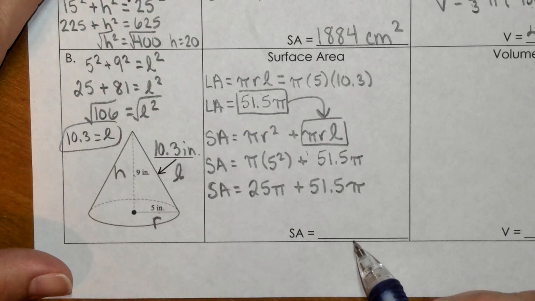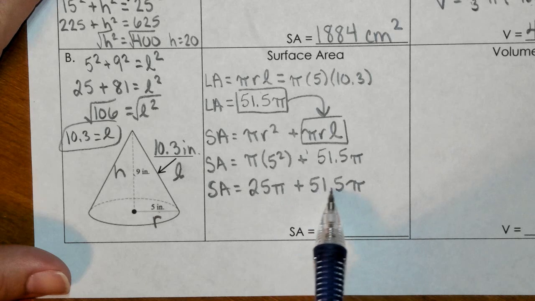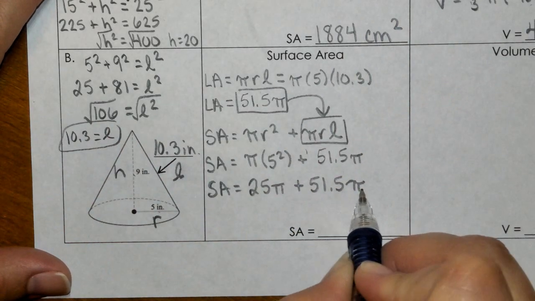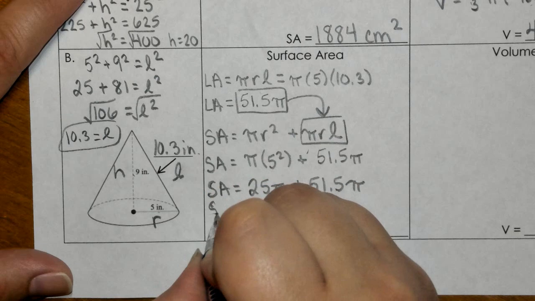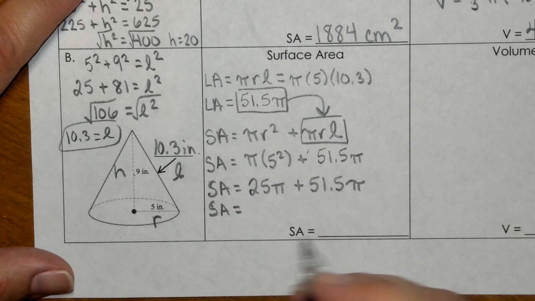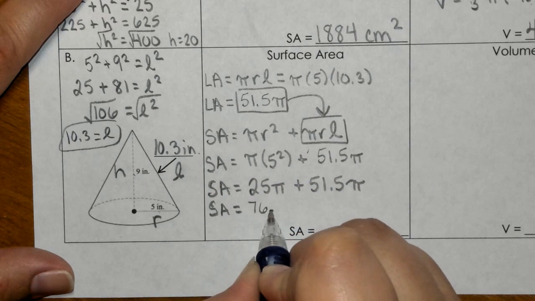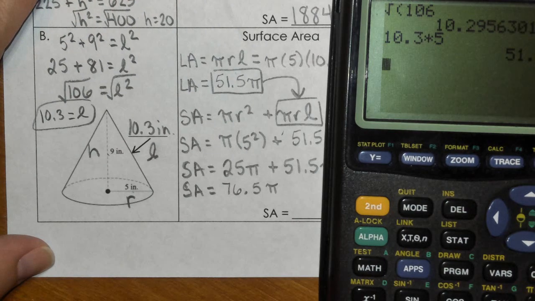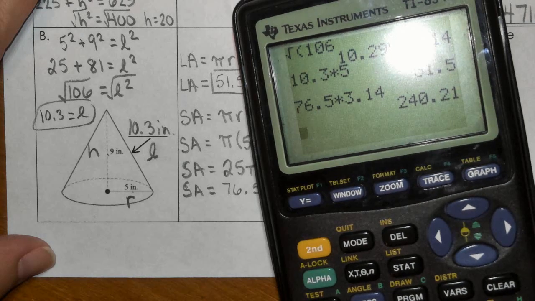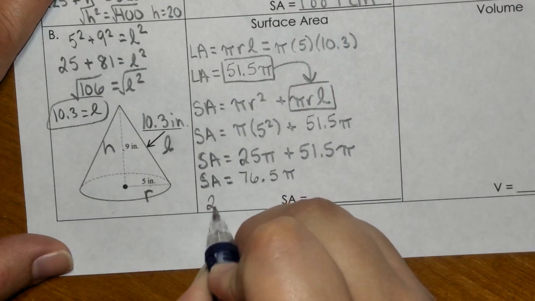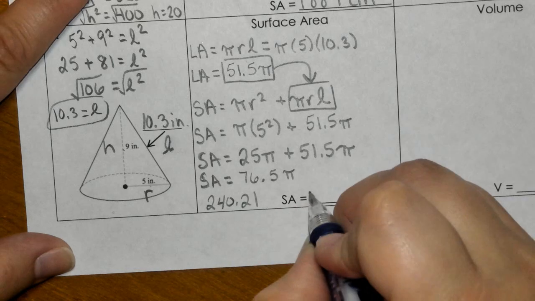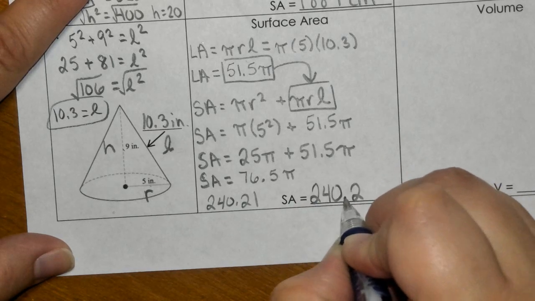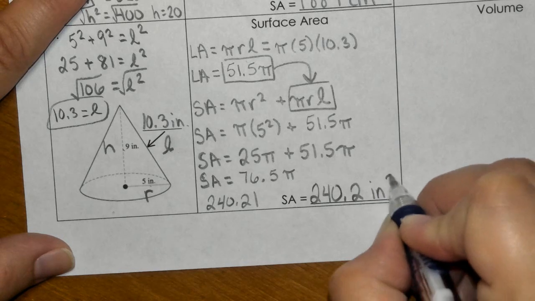All right, so now I've got 25 pi, 51.5 pi, and this would combine to be 76.5 pi. So if I multiply 76.5 times 3.14, I get 240.21. But we know that we are rounding to the nearest tenth, so I'm going to go with 240.2 inches squared.